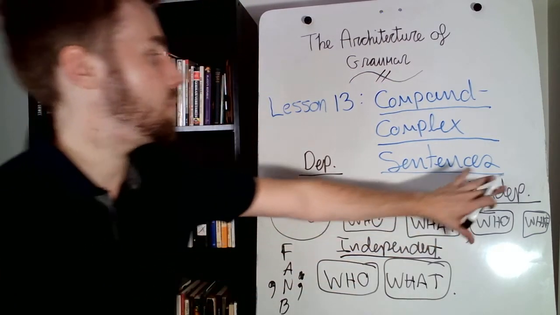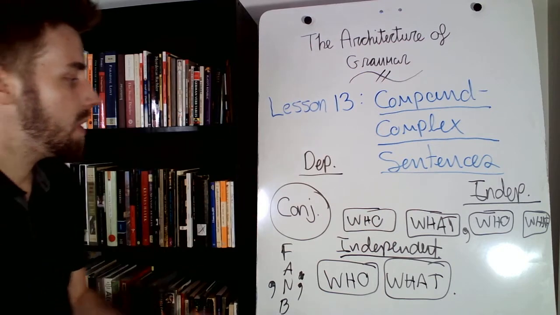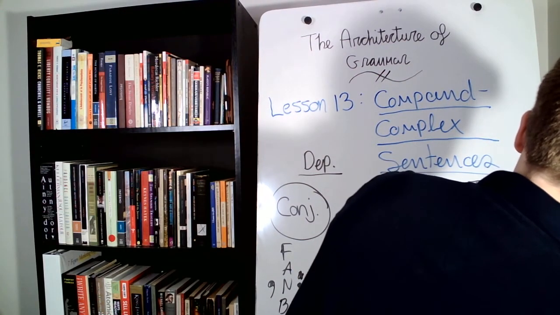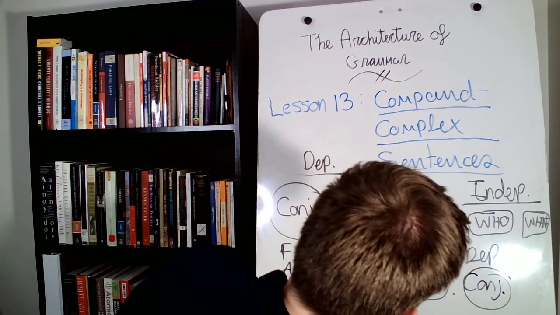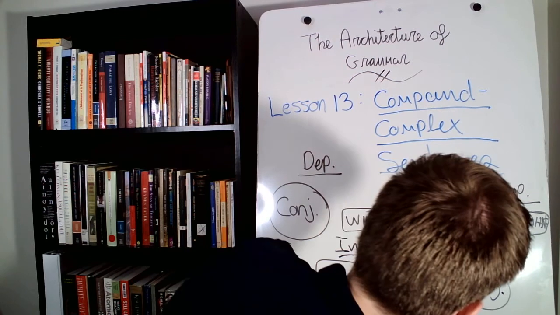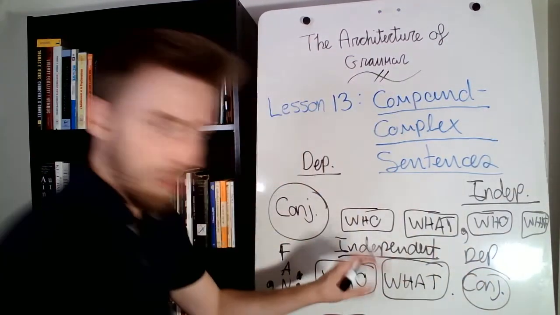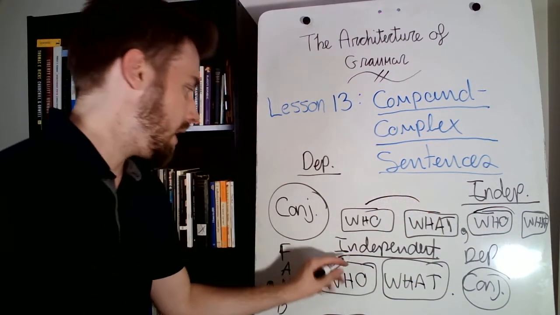So here we have two independent and at least one dependent. Now here's the thing. We could also add a dependent here by adding a conjunction and a who and a what. And just to be clear here, I'm putting just who and what.